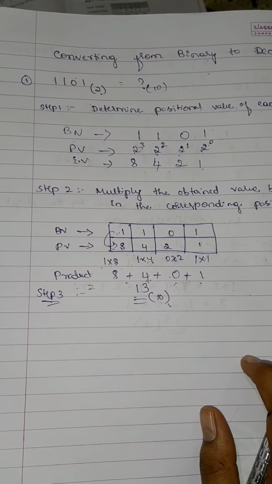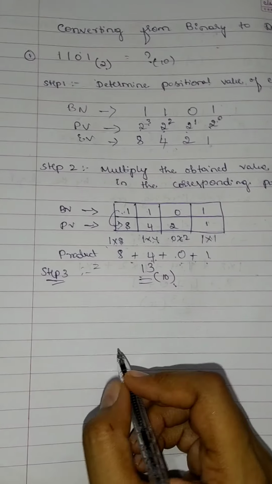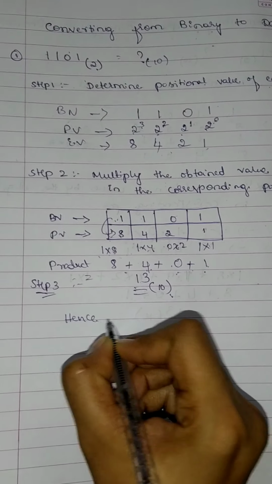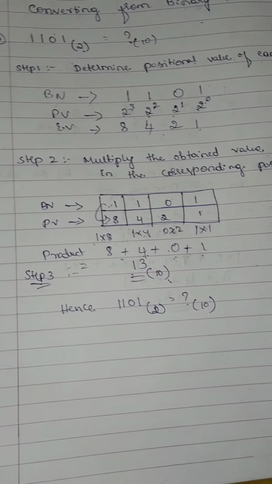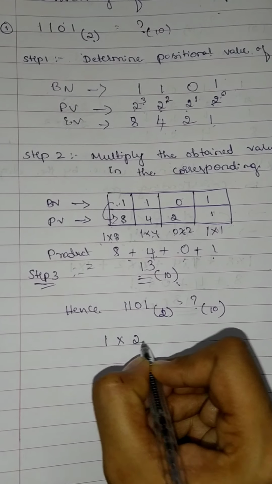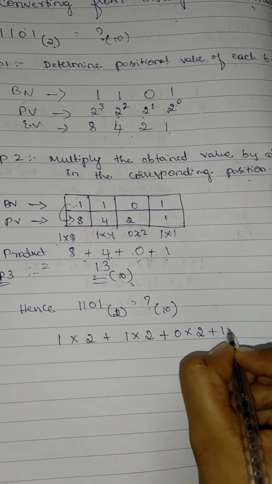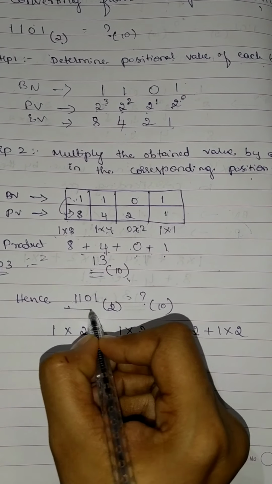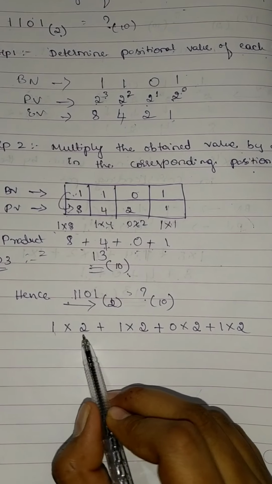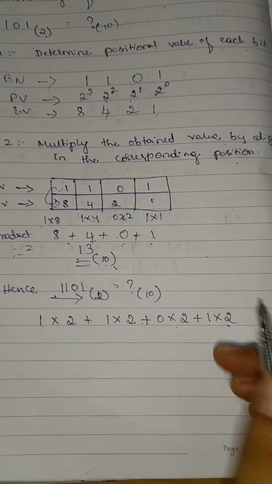I have explained this for your knowledge, but when dealing with binary to decimal you only need the short method. Here 1101 is binary and needs to be converted into decimal. You write it from left to right: 1 into 2 plus 1 into 2 plus 0 into 2 plus 1 into 2. Now we need to give the weights.